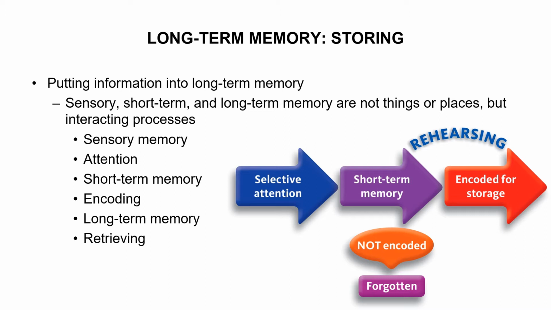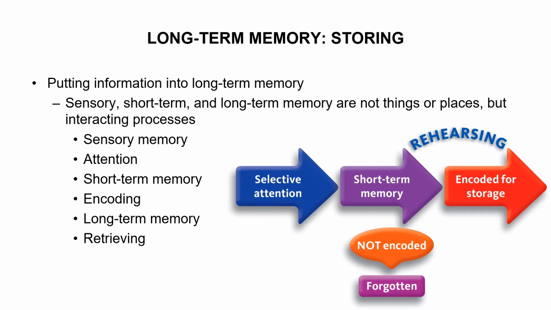Yes, there are damages to the brain that can cause problems with that. There are problems with retrieval that we'll get to later, but the point is that when we put information into long-term memory, it is in there for an extended period of time.